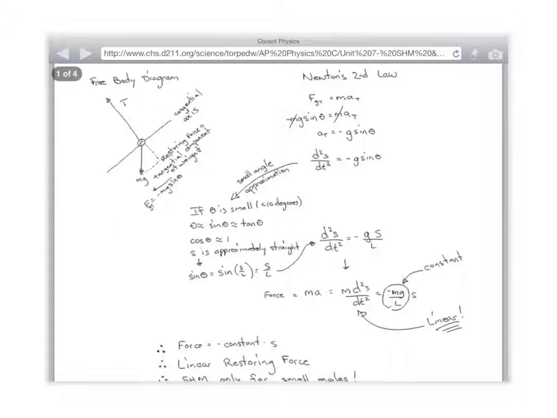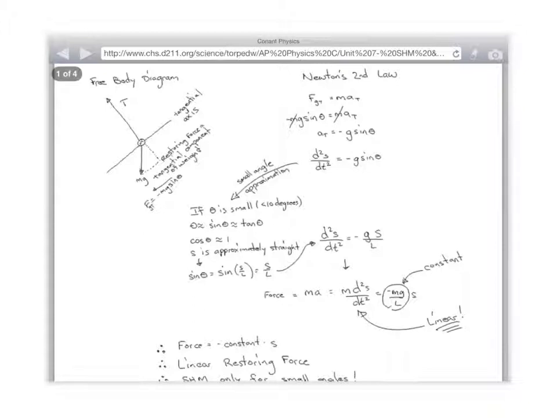So, our specific solution, is that off the screen? Oops. Our specific solution is theta as a function of time equals theta max cosine omega t. Agree?